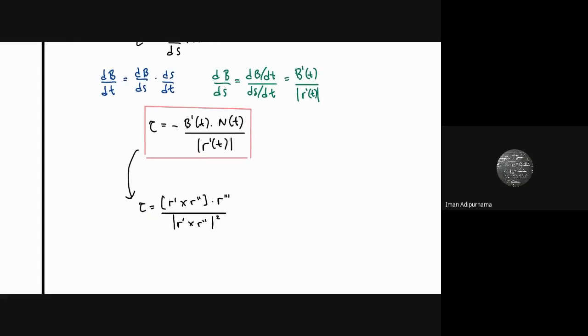Yeah. So we have the third derivative of R because of B prime, right? And we have all this.